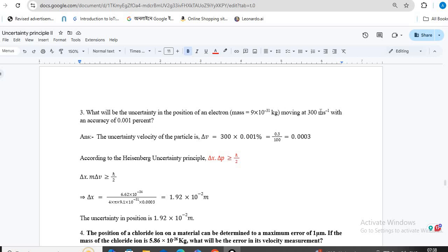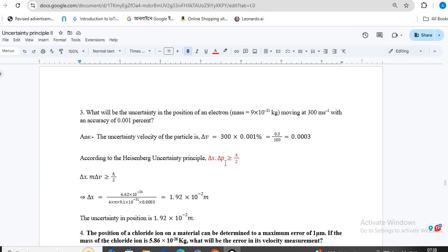So the velocity is given and the percentage of accuracy is given, and you need to find the position. So the uncertainty in the velocity must be calculated first. So what is that? This is 300 into 0.001 percent. If you simplify this, it comes in the order of 0.0003. This is the uncertainty in the velocity.